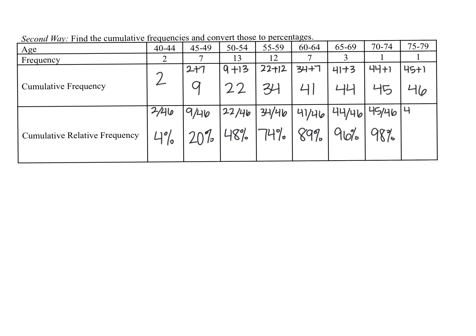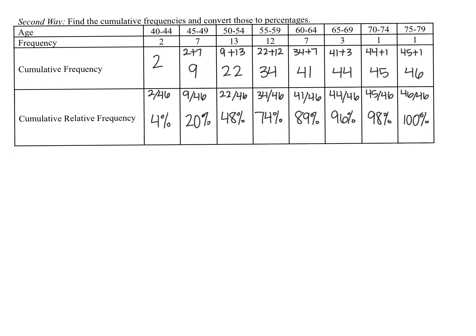And then obviously 46 over 46 is 100%. So the percentages are pretty close to what we had before, but this time they're just slightly more accurate. So no matter which method you choose, you're not going to get percentages that are super far off from one another, but the second method I just find to be slightly more accurate.